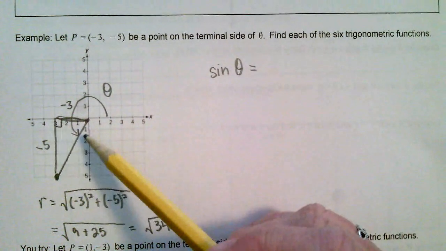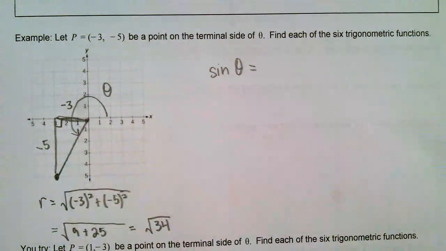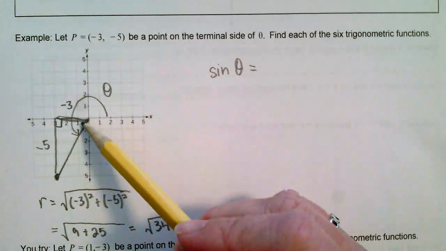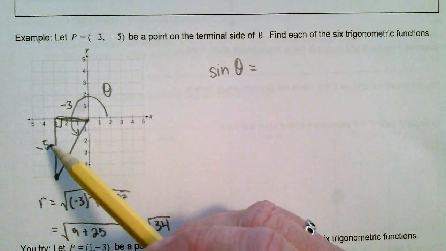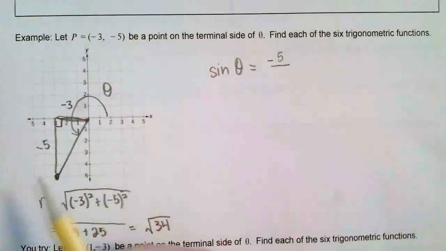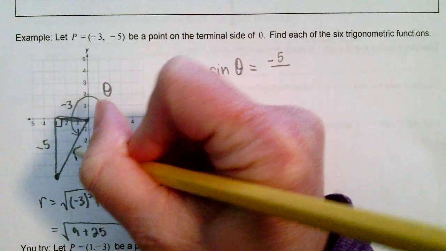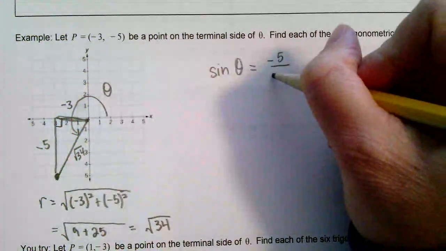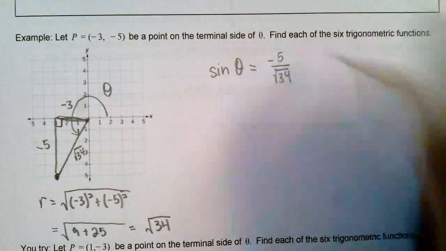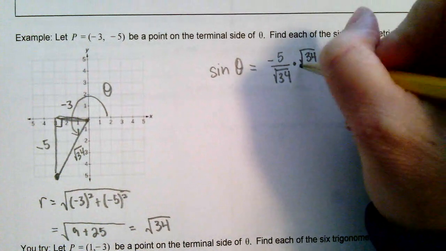I look at my right triangle, I look at my angle that's closest to the origin, and so my sine is going to be my opposite, or my y, -5, over my radius, my r, which I just found was the square root of 34. And generally we want to rationalize denominators.